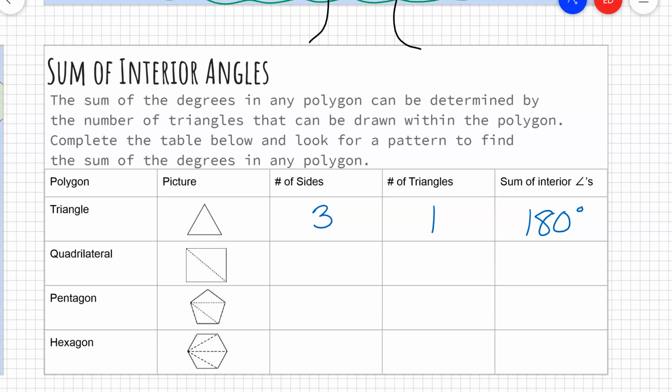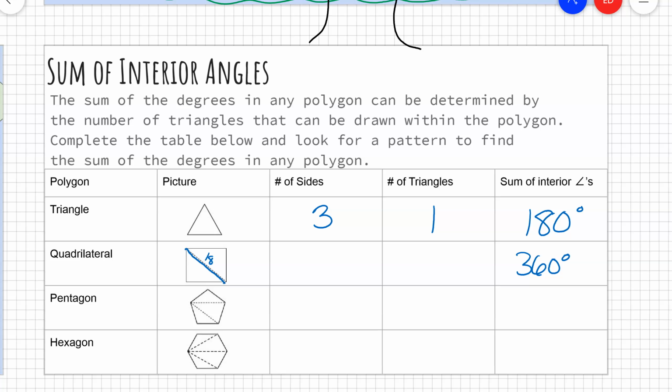Now, when we step it up and we have a quadrilateral, if it's a quadrilateral like a square, we can take 90 and multiply it by 4, and that would give you 360 degrees. So that's one way to look at it. Another way is if I drew a diagonal to that quadrilateral, notice how we have 2 triangles.